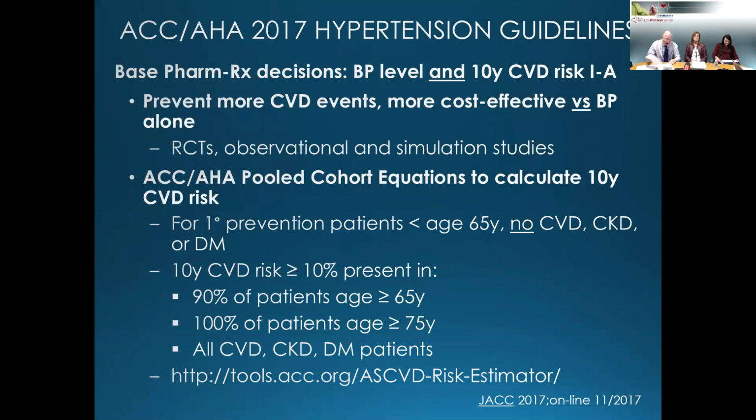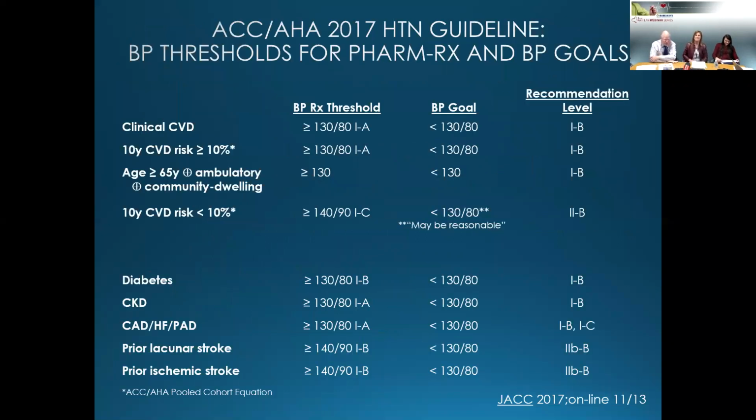It's already high. Well, this next slide shows the ACC/AHA blood pressure thresholds for initiating drug treatment and the blood pressure goals. This slide shows the thresholds for initiating drug treatment and the blood pressure goals for treated patients.